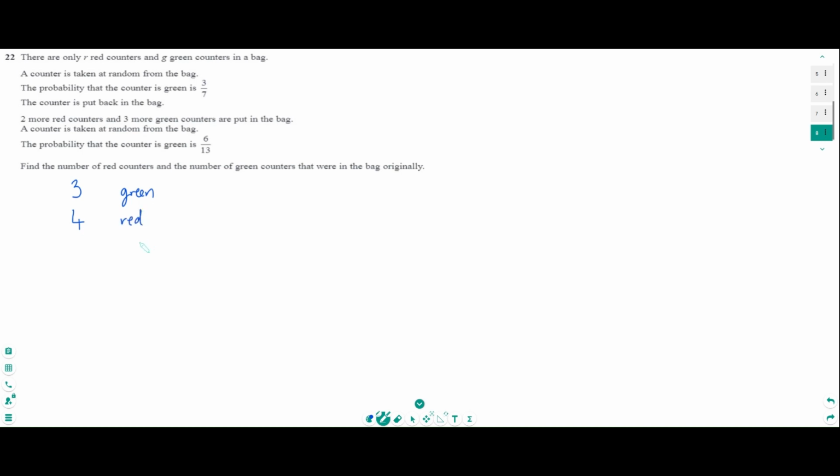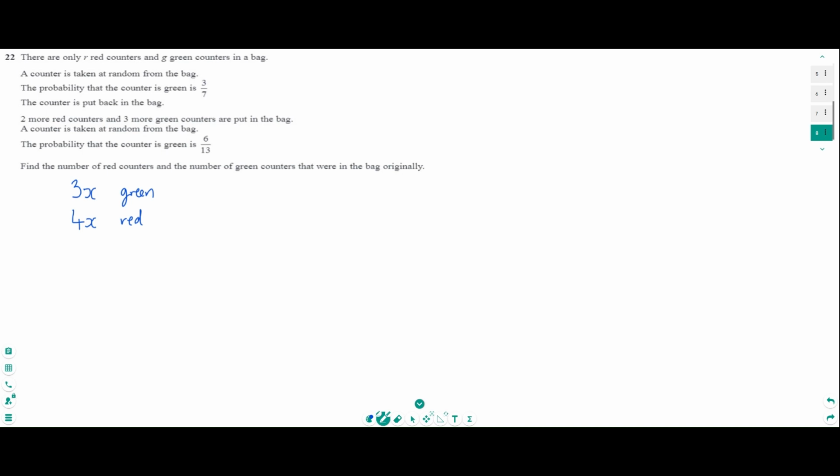But similarly, we could have 6 green and 8 red. We could have 9 green and 12 red, and so on and so forth. So really what we need to say is we've got 3x green and 4x red counters at the beginning.